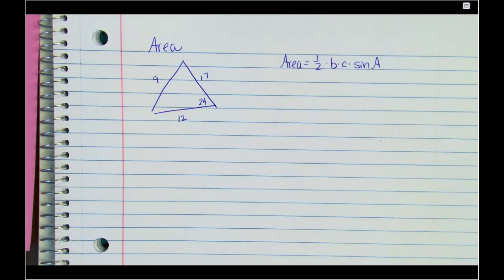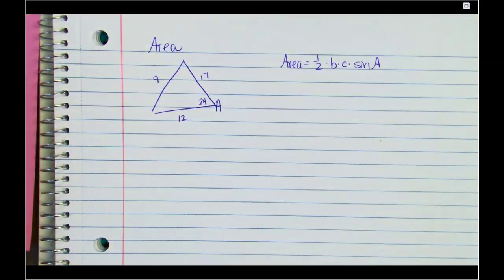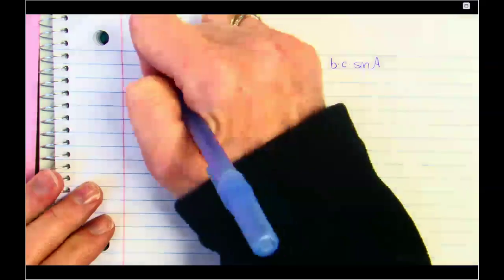In this case, I want capital A to be 24, because that's the only angle I have. So I'm going to name this capital A. Which means what is the 9? It's lowercase a, which doesn't matter for my formula.